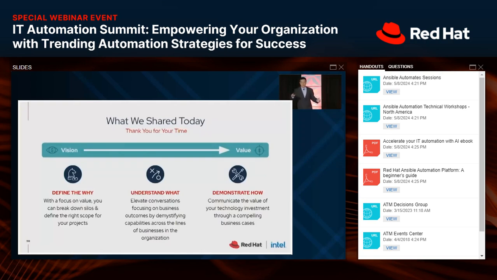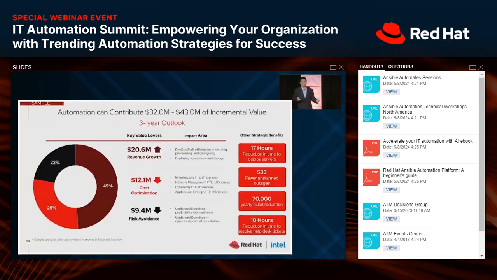The next step would be to quantify the value and also frame that quantification around the narrative of the other unquantifiable benefits of Ansible that I spoke about. And this is a sample of an output that we have from an engagement.